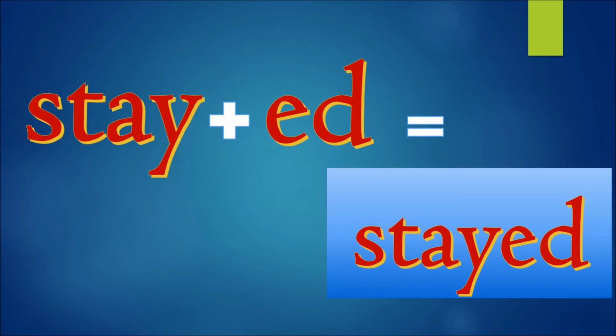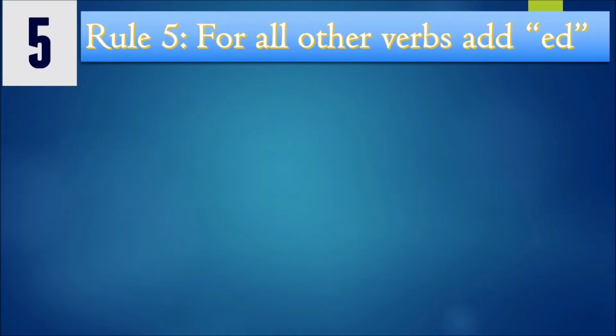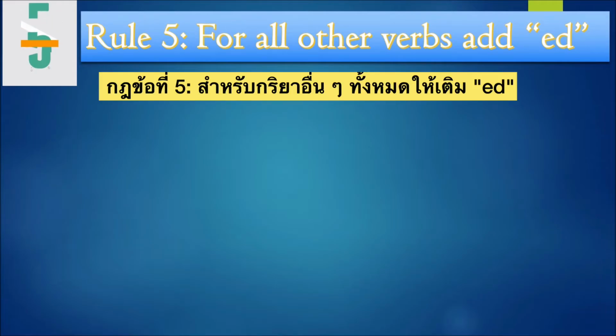If the word has consonant and Y at the end, you have to change the Y to I and add ed. While if the word has a vowel and Y at the end, you just add ed.